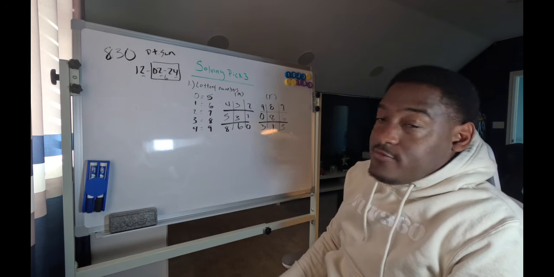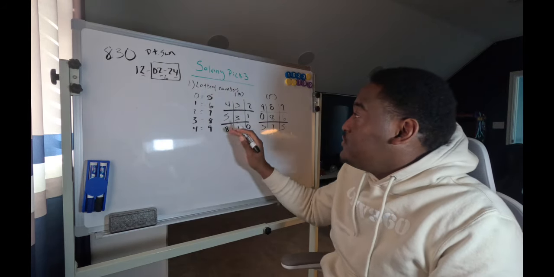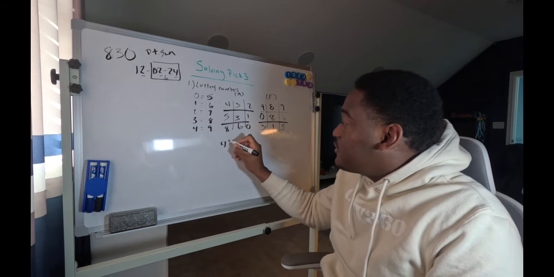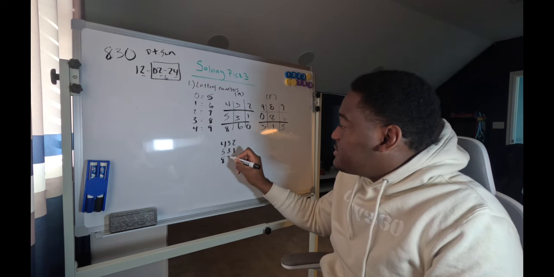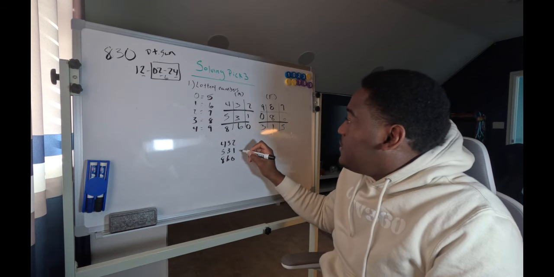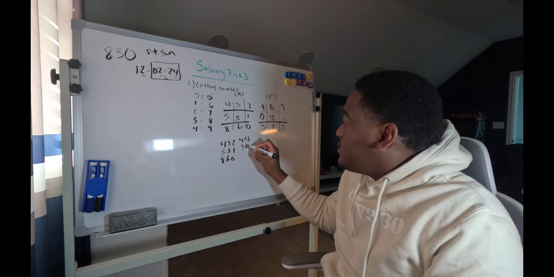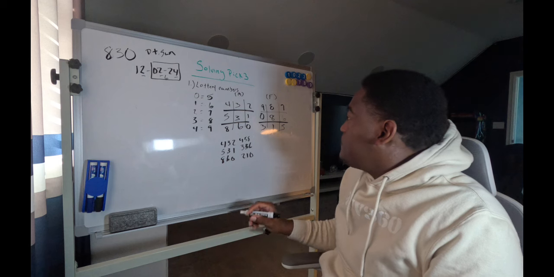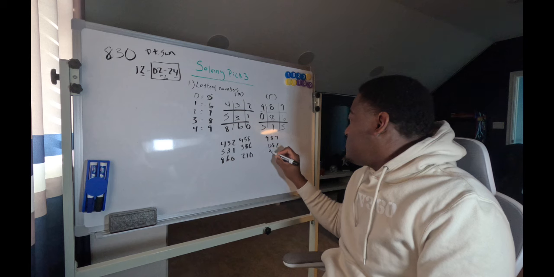Now, for this video and for this demonstration purpose only, I'm going to show you how to read these charts. So for our main number, we have 432, we have 531, we have 860, we have 458, we have 336, we have 210, we have 987, 086, 315.